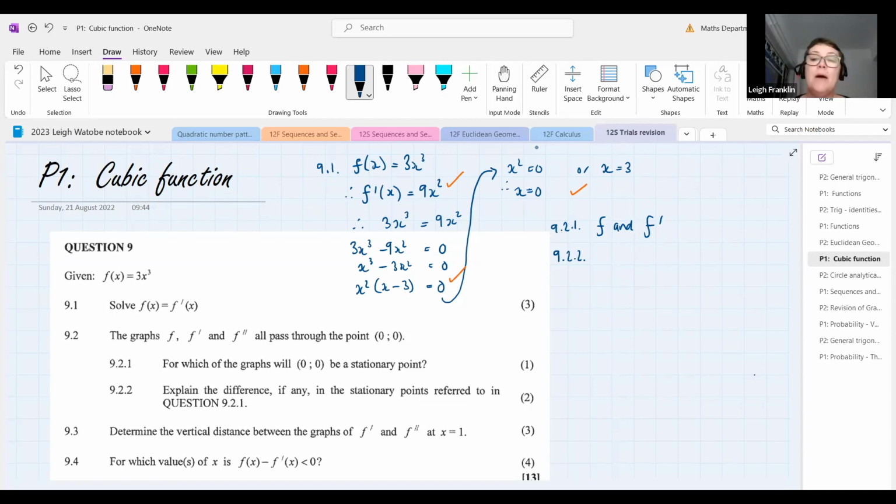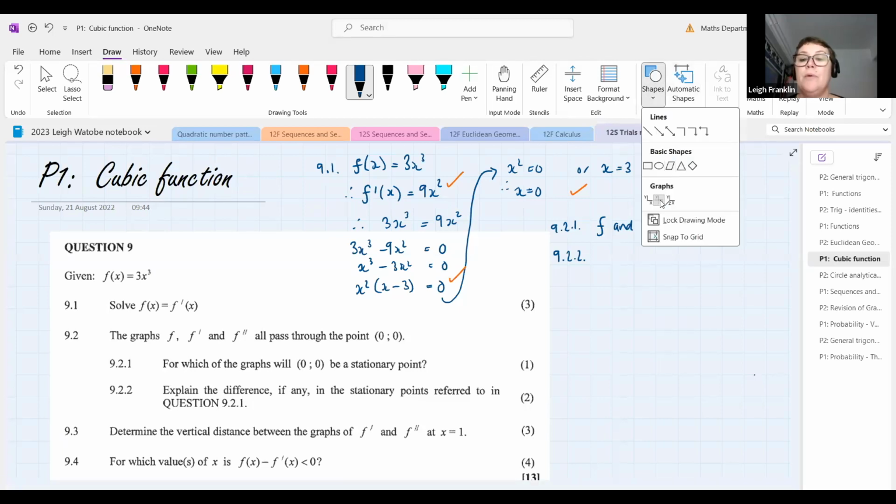So if you think about your graph of 3x cubed, what does it look like? Can anybody tell me without me telling you?